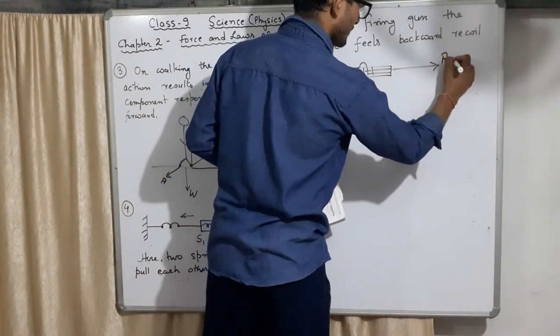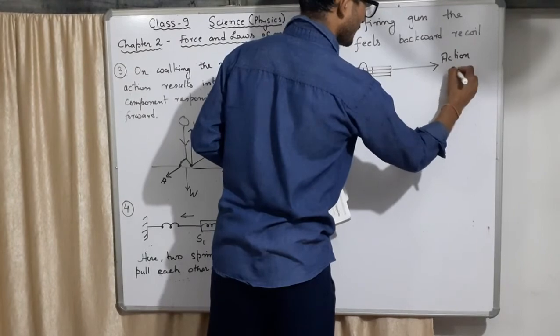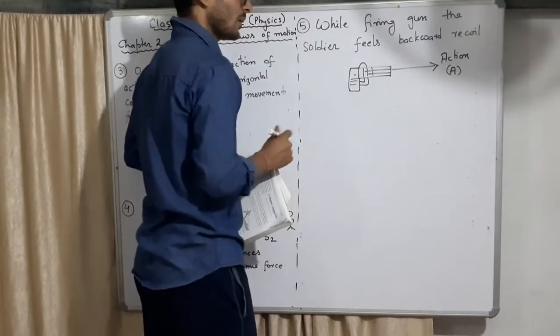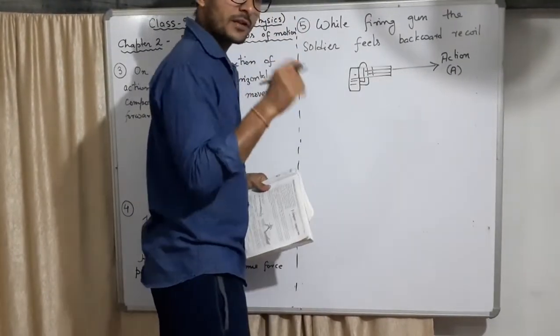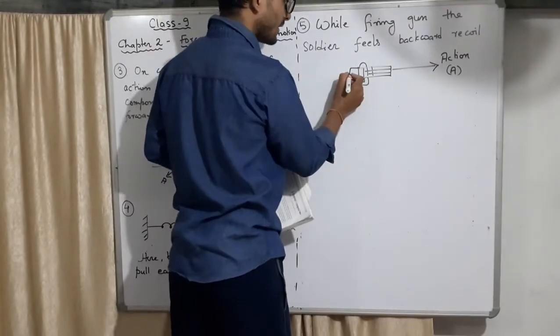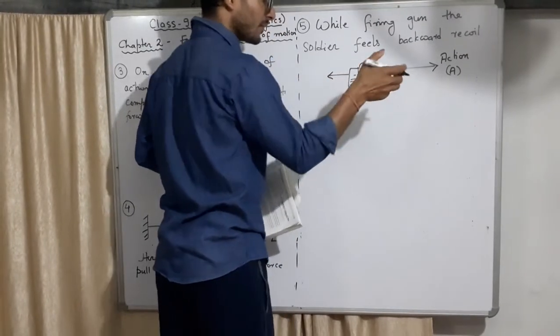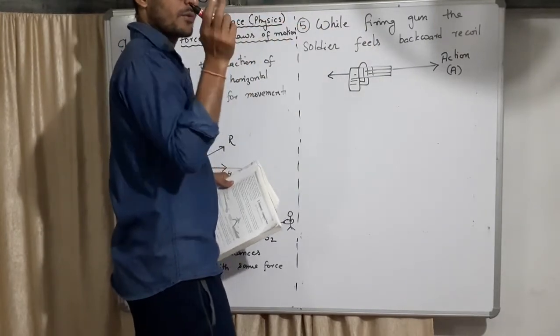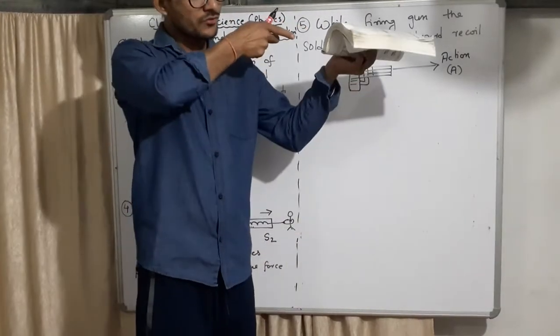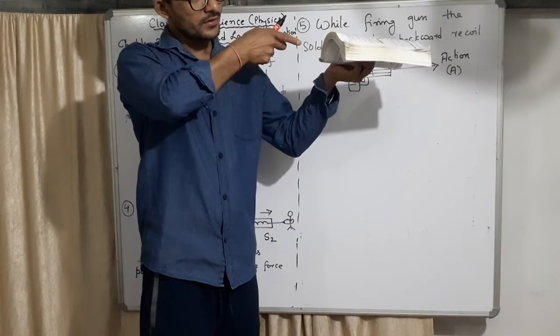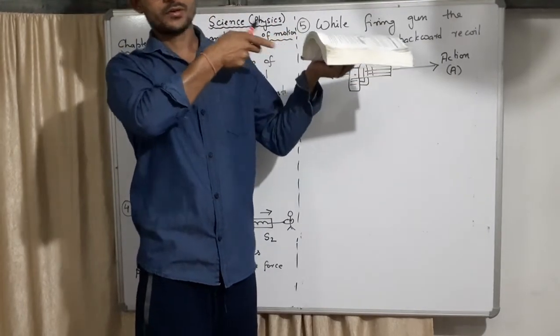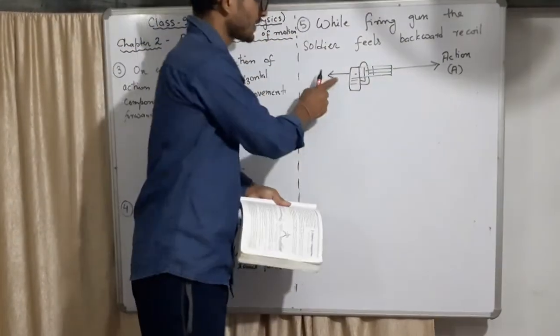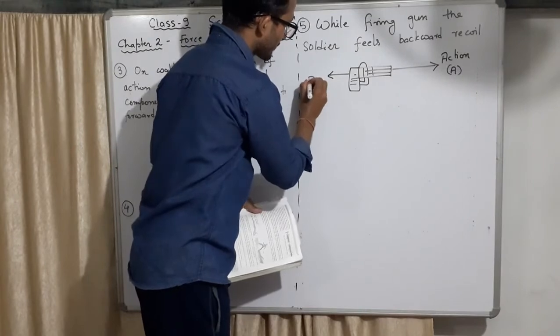This is action. At the same moment, there will be a recoil. Whenever somebody is shooting, there will be recoil. You must have seen in movies, the soldier is shooting and getting a backward recoil this way. So this is the reaction.